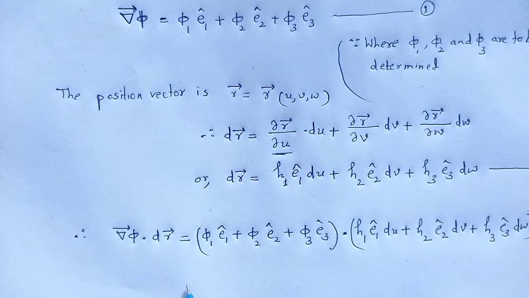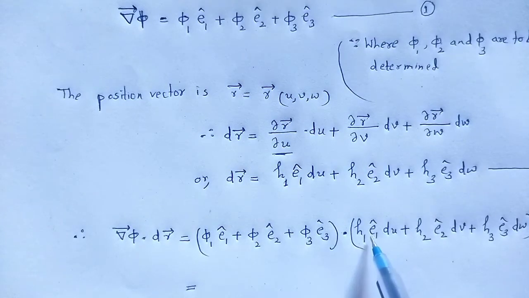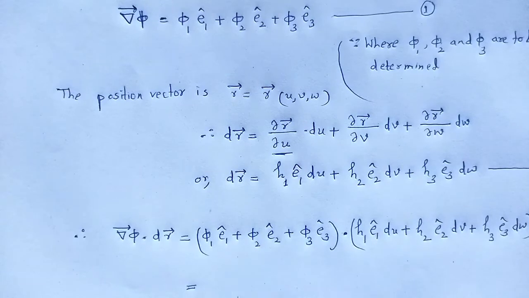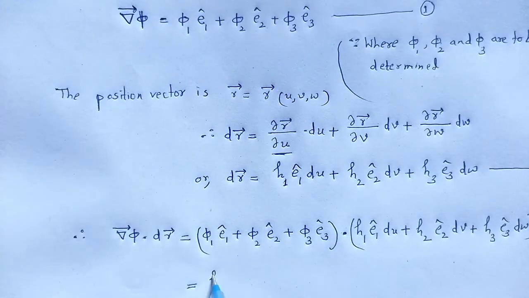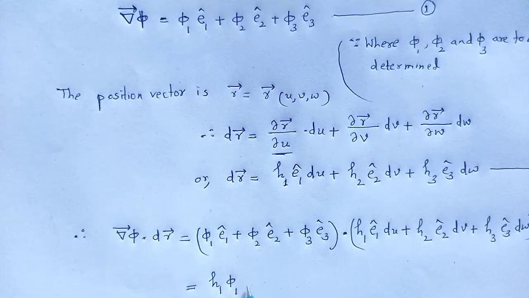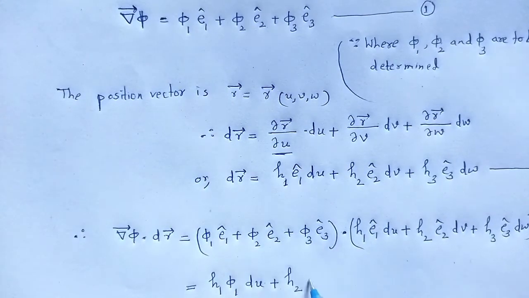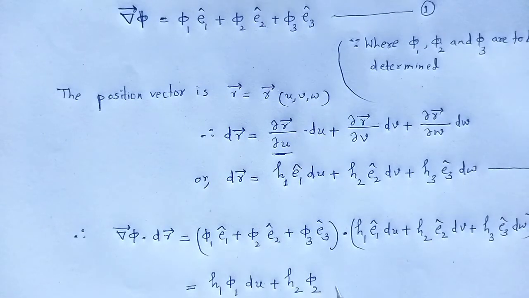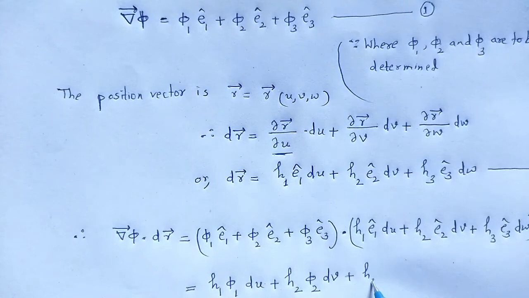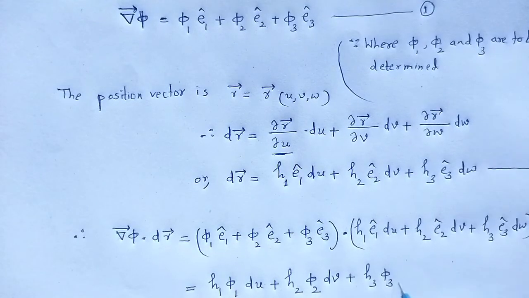See, e1 cap dot e1 cap and so on, so the result of the dot product will be h1 phi 1 du plus h2 phi 2 dv plus h3 phi 3 dw.